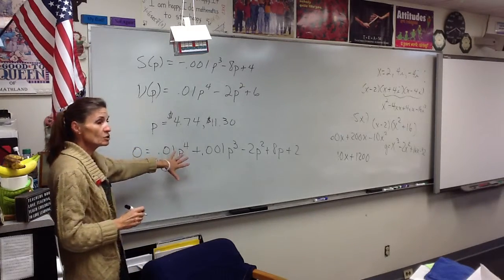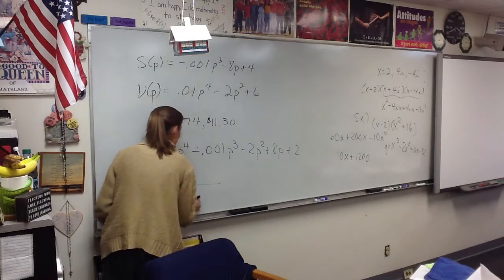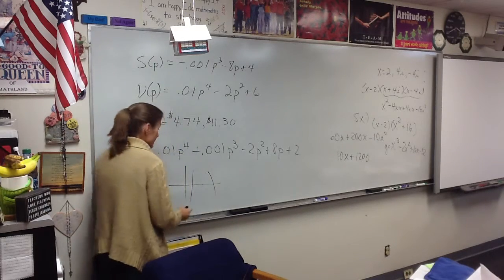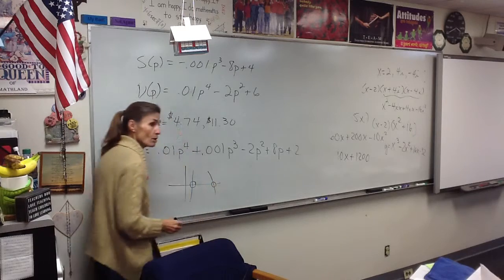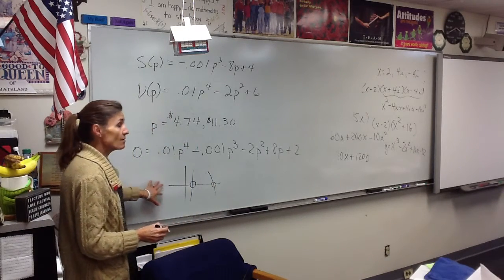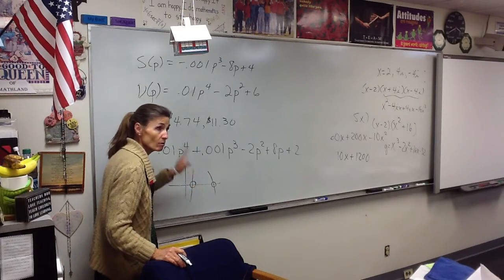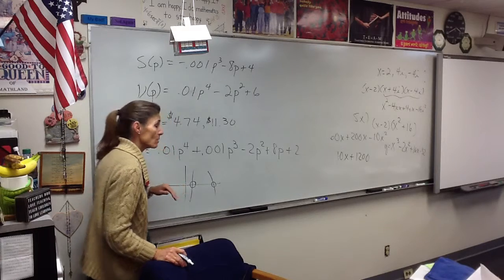So if you do it this way, you put that into your calculator and see where it crosses the x-axis. I had it crossing twice on my picture. And what button do I use once I get this picture? Second calc, and look for zeros.